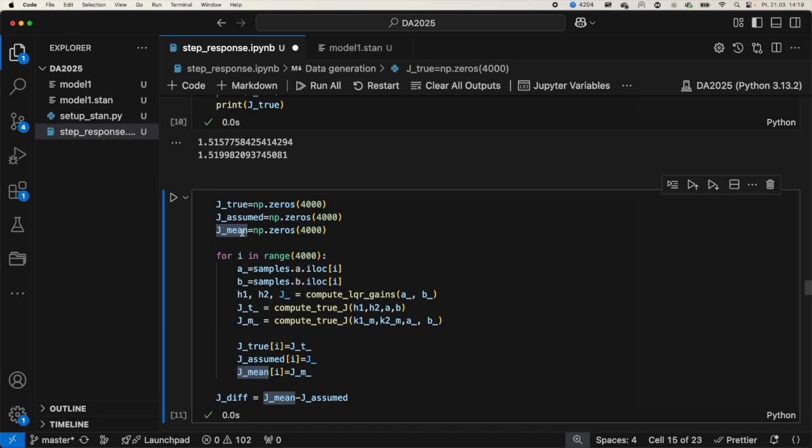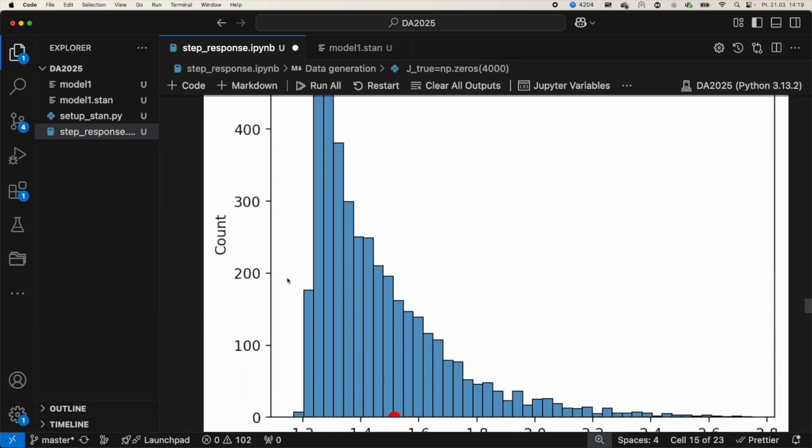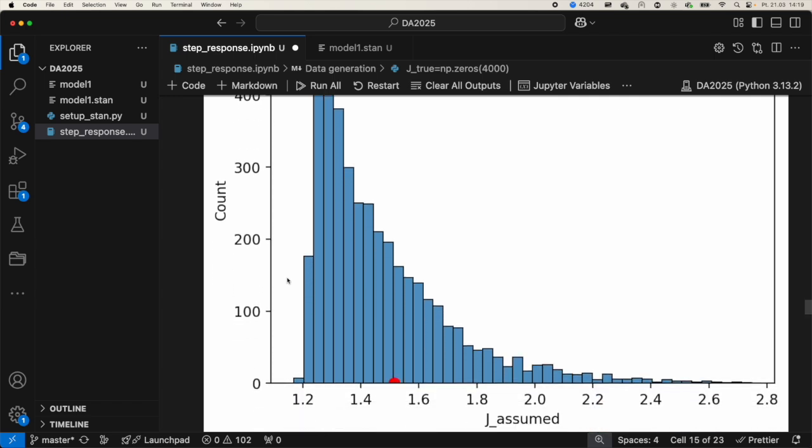So, in that case, using those values, we can observe what is the predicted loss of using that mean value, corresponding to all the knowledge that we've extracted from the model. And we can observe it using histograms.